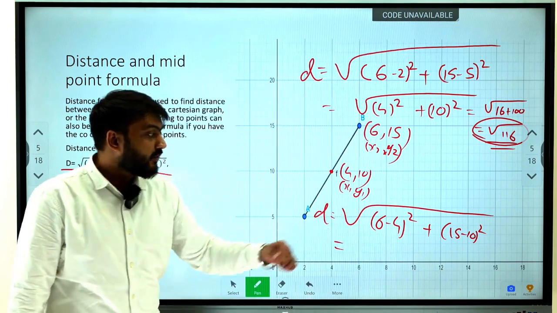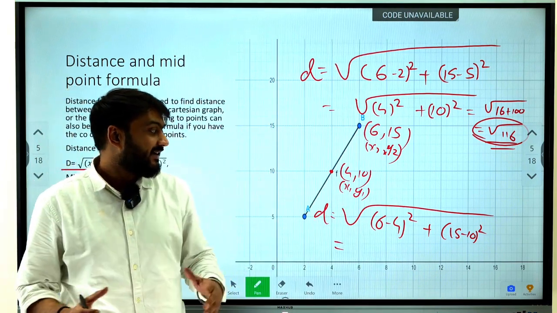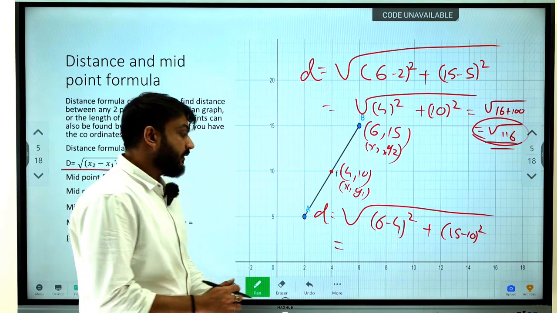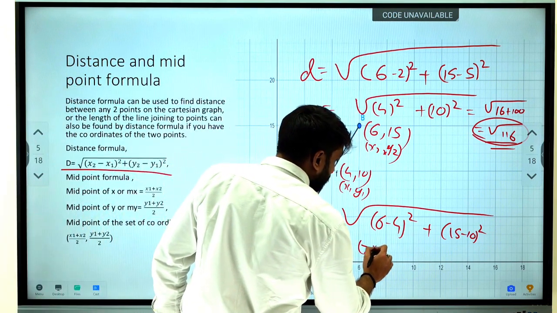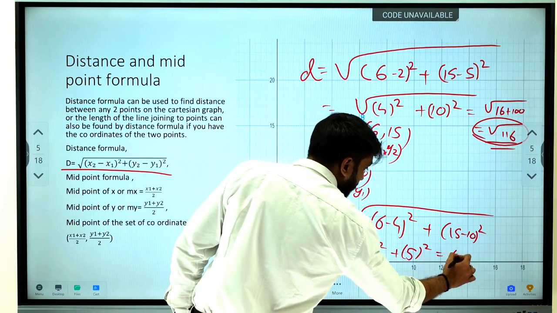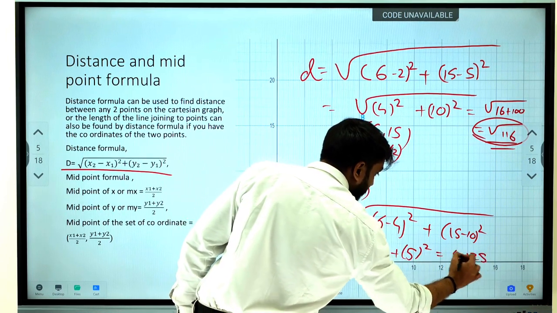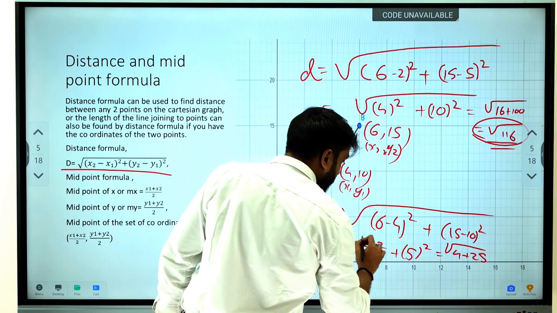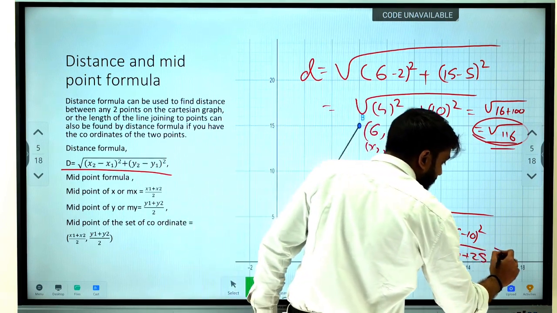So 6 minus 4 the whole square plus 15 minus 10 the whole square, the whole under root, is going to give me 2 square plus 5 square, which is 4 plus 25, the whole under root.